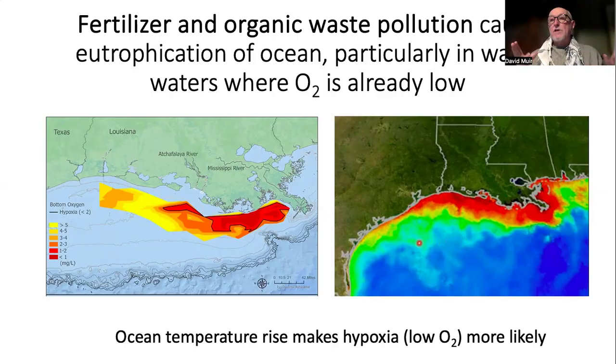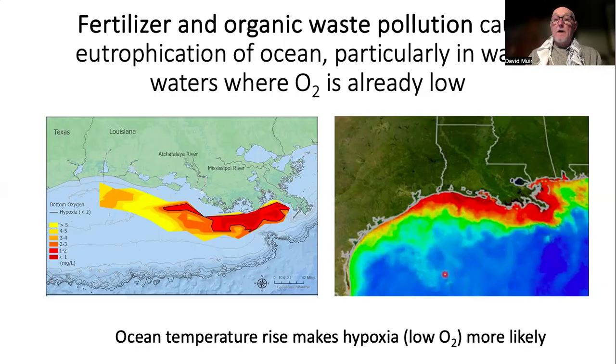And those algae then overgrow. The ones which are shaded out by the surface algae die. Bacteria consume them, and all of the oxygen in the water is removed. And what we end up producing are areas of the ocean where the oxygen levels are too low. They are hypoxic. That means the oxygen is low.